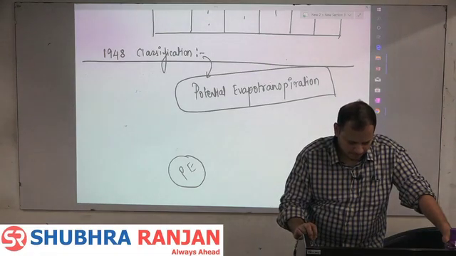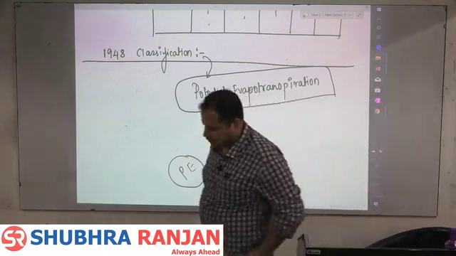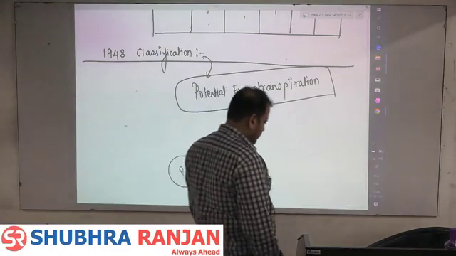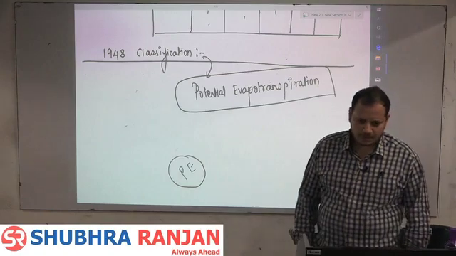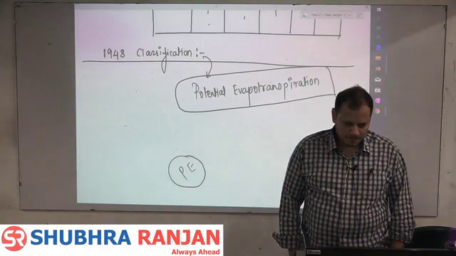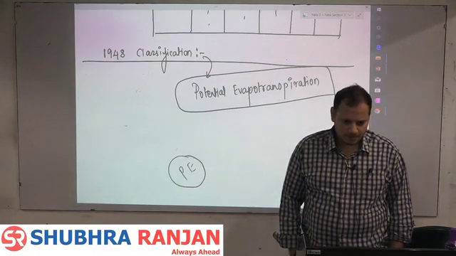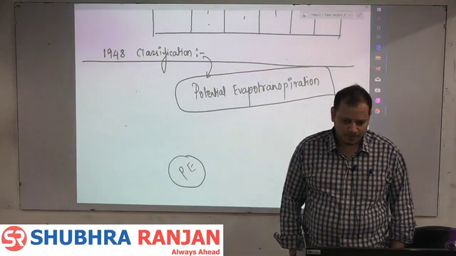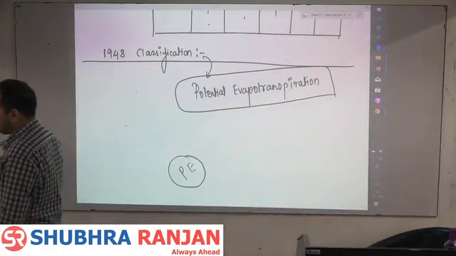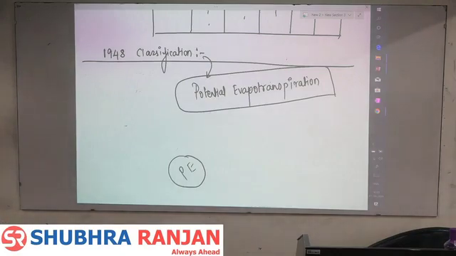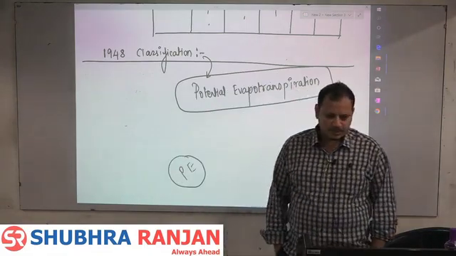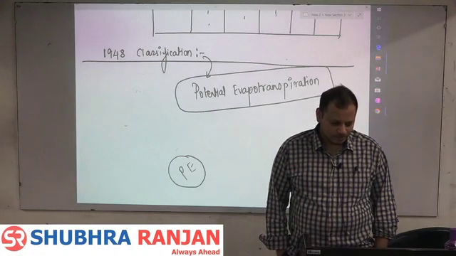Next point. Potential evapotranspiration is the amount of moisture that would be transferred to the atmosphere by evaporation plus transpiration from the plants.